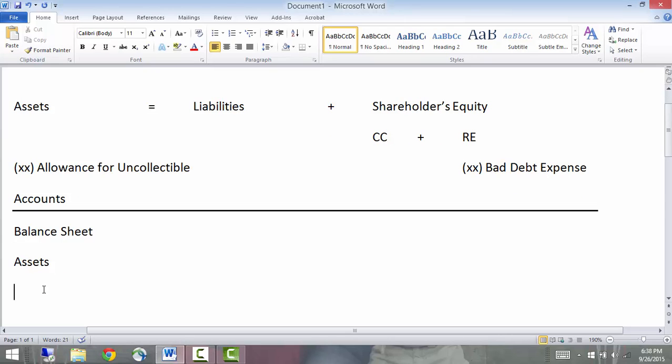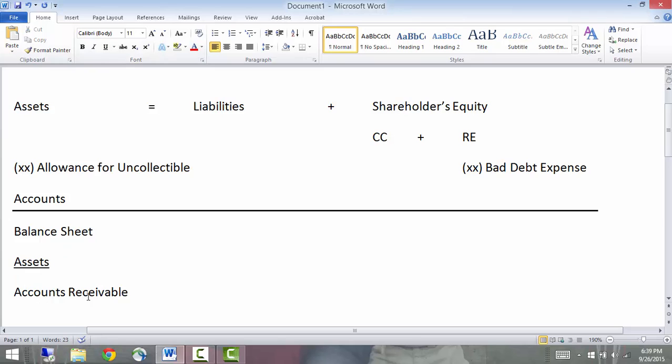So under assets on our balance sheet, you know that accounts receivable is actually a current asset, so it would be listed as a current asset. We're going to have accounts receivable listed.